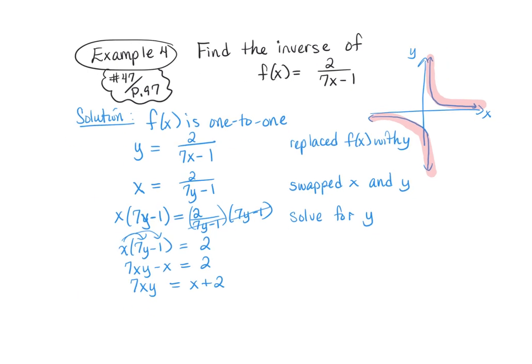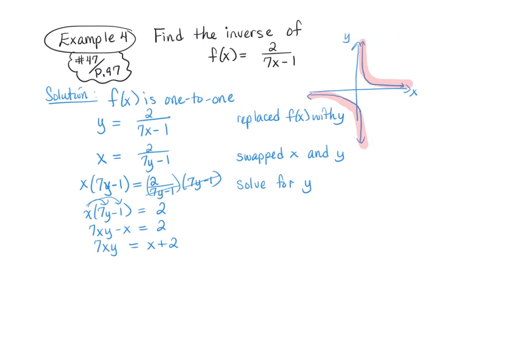Our goal is to solve for y, so we need to isolate y. So now we're going to divide both sides by 7x. So that's equal to x plus 2 over 7x. Notice that these now cancel, leaving us with y equals x plus 2 over 7x.